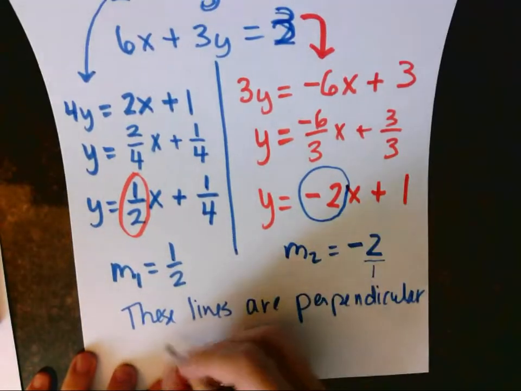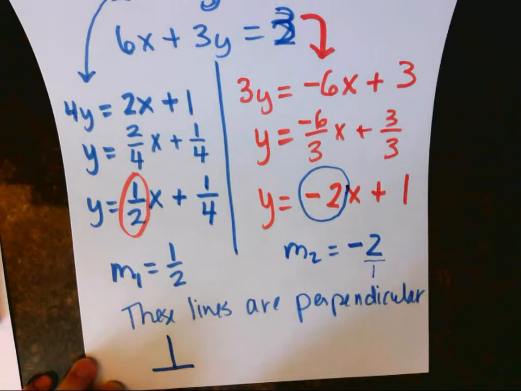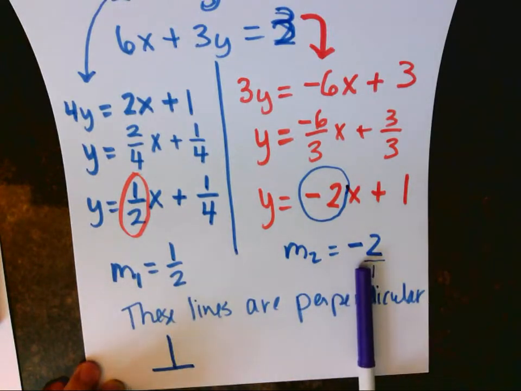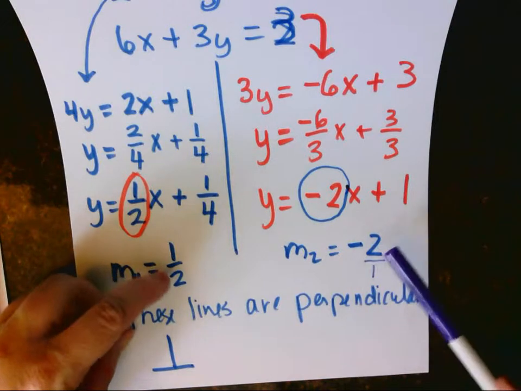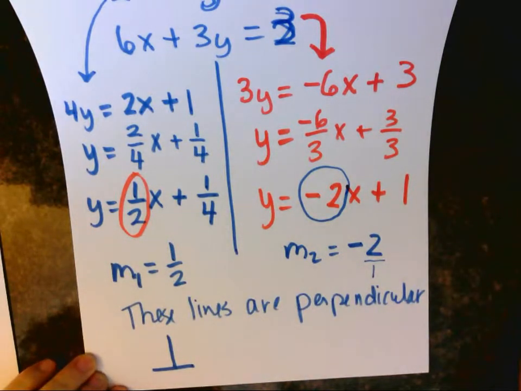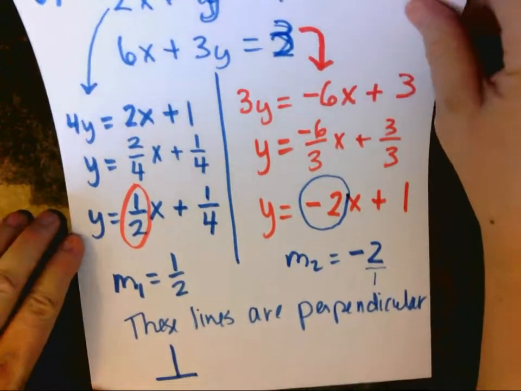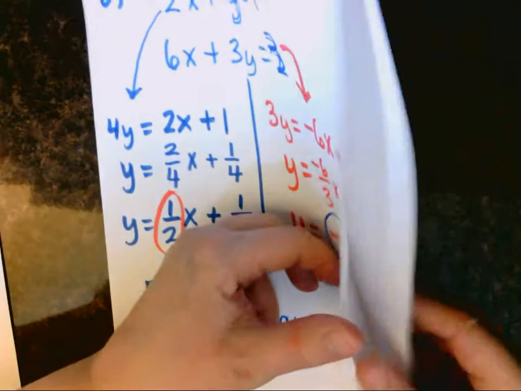Okay, and the symbol for perpendicular is this, always, okay? Why are they perpendicular? Because these are opposite signs and reciprocals. That makes them perpendicular lines. If you weren't sure, graph these lines and verify that, but it will work out that way. Okay, one more example of this type, and we will be done with this section.